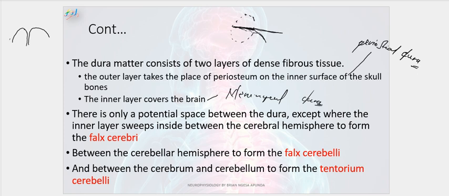While the periosteal dura is in continuation with the skull, the other one that lies within the brain can sweep over to this area, and as it's sweeping over, we form a space. This space between the cerebral hemispheres will be regarded as the falx cerebri. We'll be able to see the importance of this particular space.